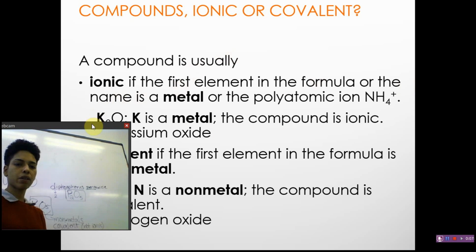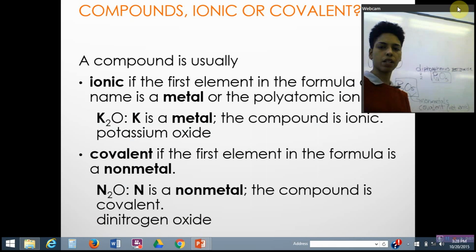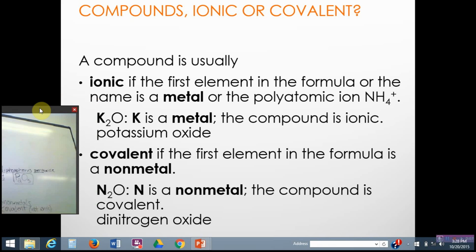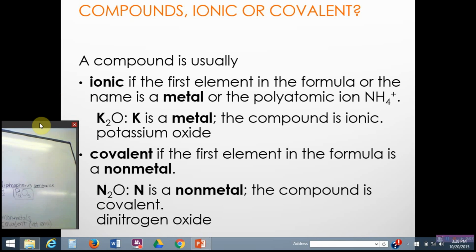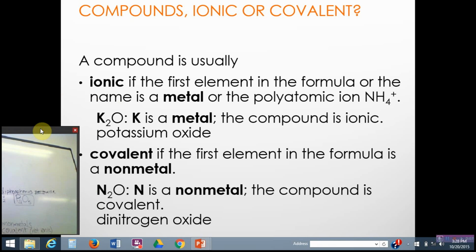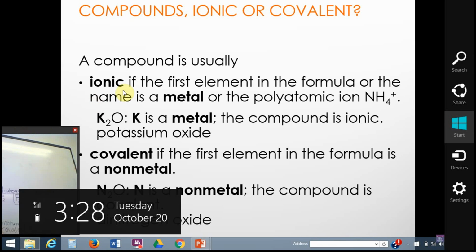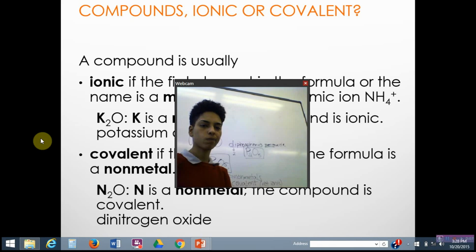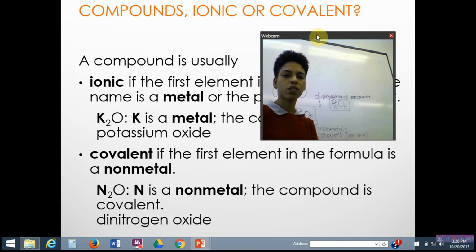All right, let's compare the two once again. I can't put myself in a place where you won't see the whole slide, so you'll just hear me. A compound is usually ionic if the first element in the formula is a metal or a polyatomic ion, like ammonium.